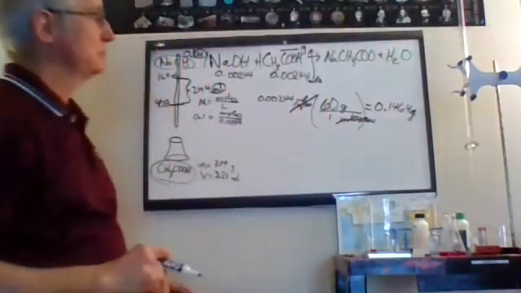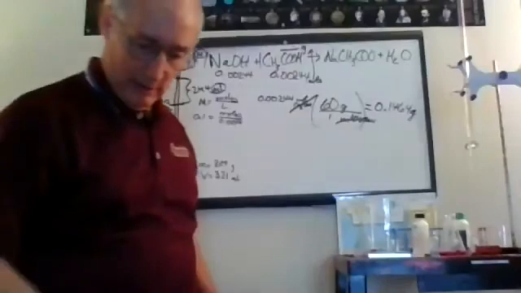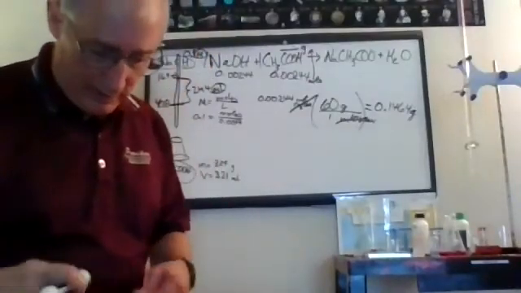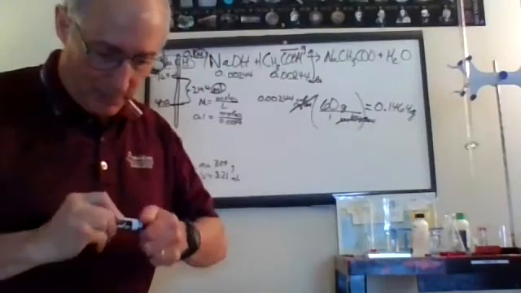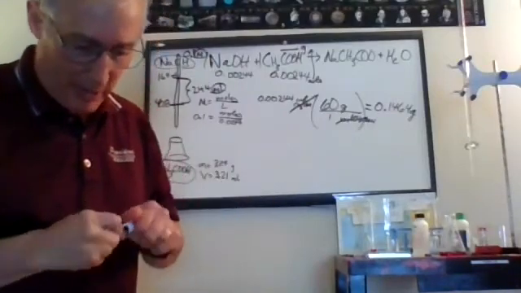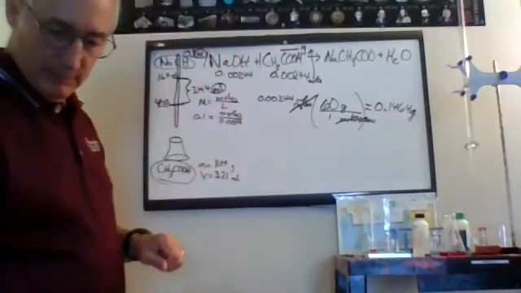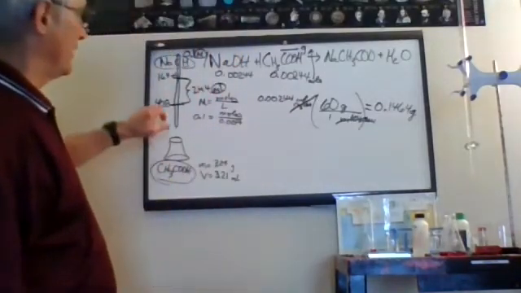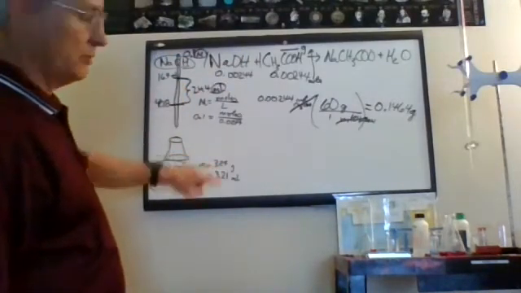So that's how many grams of acetic acid that I neutralized. So the question is, what's the percent of the acid by mass? Take that number and divide it by the mass that I had to begin with of the vinegar, which was what? 3.24.